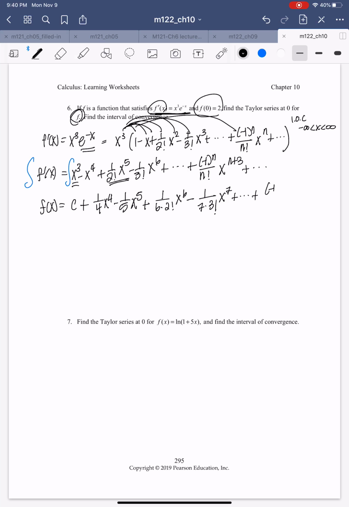You have negative 1 to the n over, basically, adding 4, n plus 4 times n factorial, x to the n plus 4, dot, dot, dot.